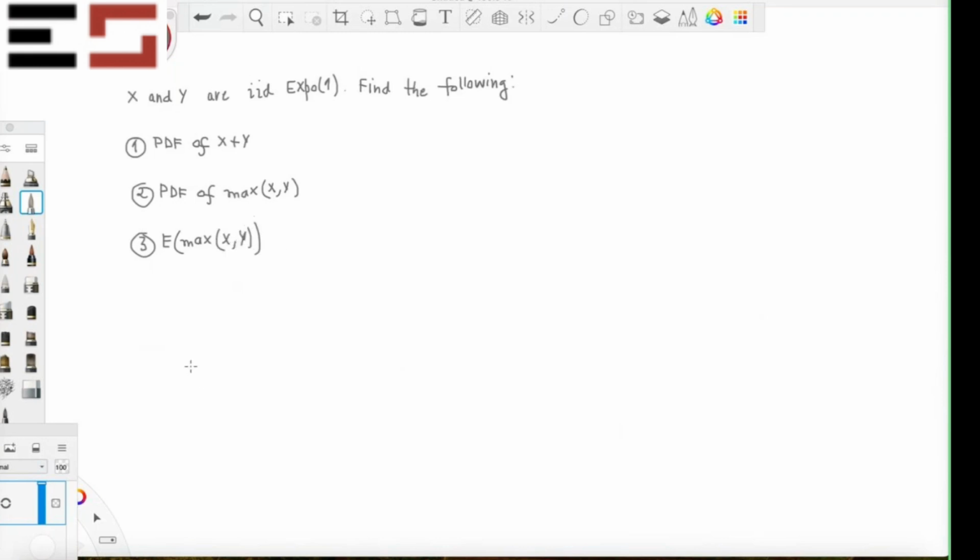Remember that when x is exponential 1, this is the density: f(x) equals e to the power minus x, and 0 otherwise.